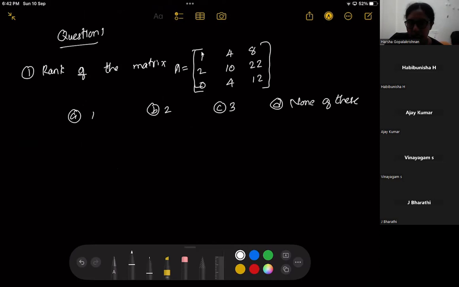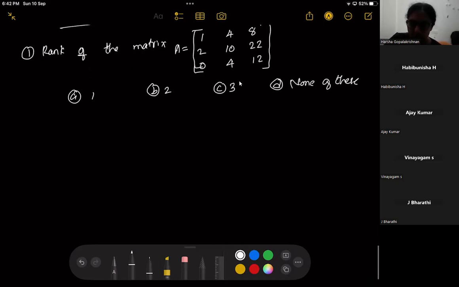A minor of order 3 means a square submatrix of order 3 that we can take from this.